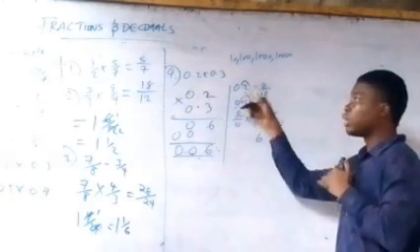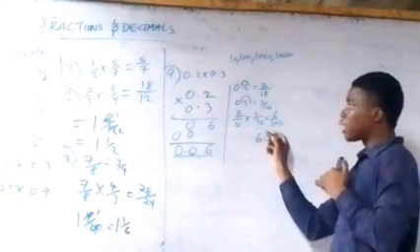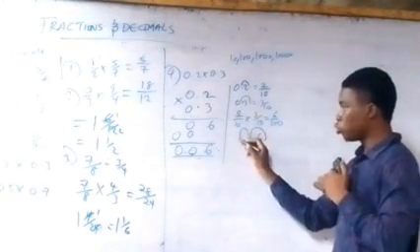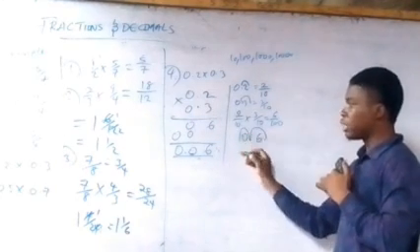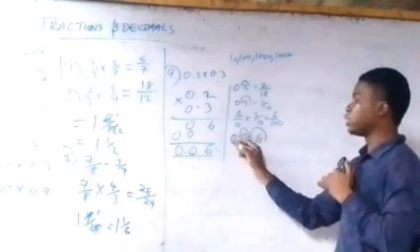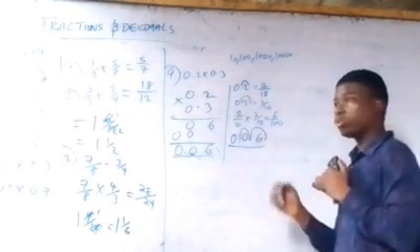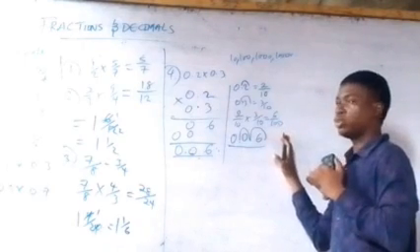The same way you remove the 0. 1, 1. So how many zeros are there? 2. So from this back, you are coming inside. You move 2 times. 1, 2. Where you stop, you will now put your point. You put your 0 here. But before the point, there has to be a 0. So your answer is what? 0.06. If you still don't grasp it, just leave your answer as a fraction.